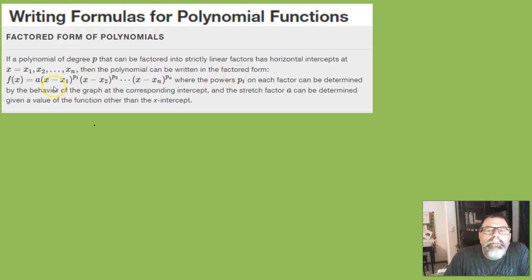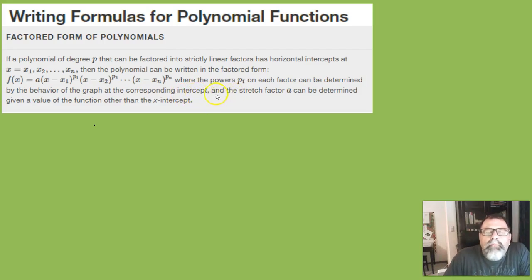Basically you're just going to do some coefficient a times x minus x sub 1 to the power p sub 1, x minus x sub 2 to the power p sub 2, and so on up to x minus x sub n to the power p sub n, where p sub i on each factor can be determined by the behavior of the graph at the corresponding intercepts.